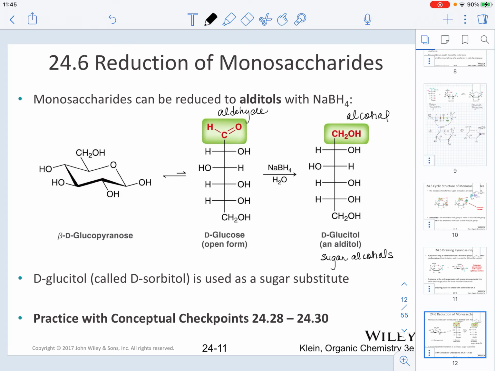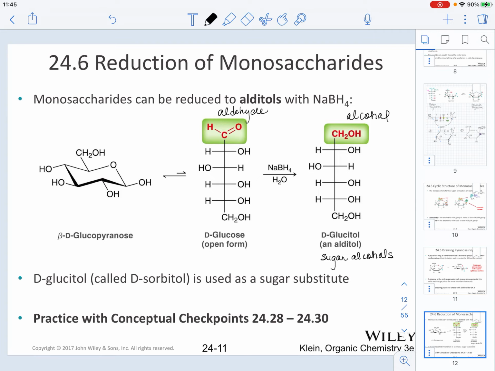Okay. You may be asking, what is the use of taking a monosaccharide and reducing it? Well, for example, if you have glucose, which is also known as dextrose, because that's the sugar in the blood, once it gets reduced to the primary alcohol, that is known as glucitol, in other words, sorbitol.